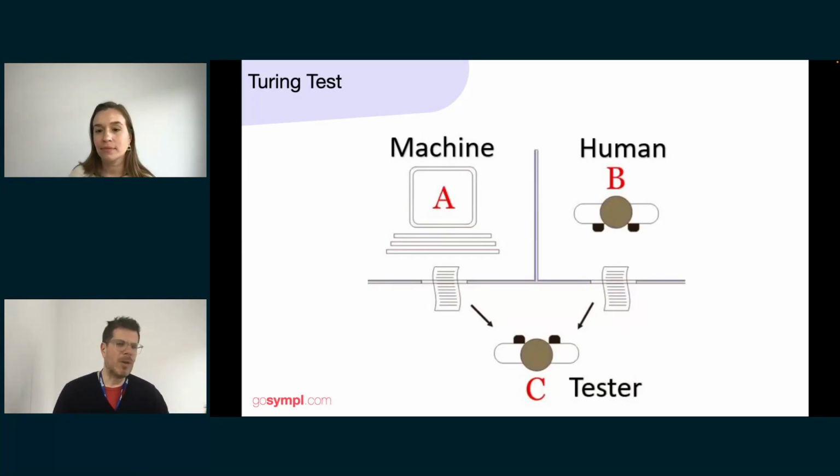And by communicating with both A and B, if that tester C is not able to distinguish who is the machine and who is the human, that is a benchmark to be seen as we have reached a pure artificial intelligence, for computers being able to think and communicate just as humans do. So keep that in mind because it's important once we go further.